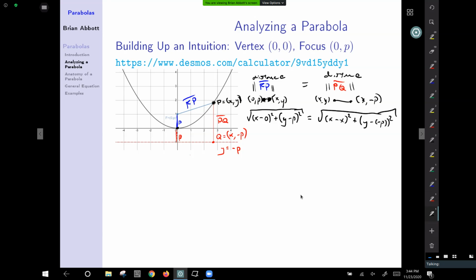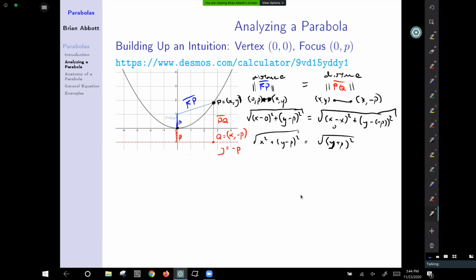So this left side becomes the square root of x squared plus quantity y minus p squared, is equal to, and on the right, x minus x is 0, so we are just left with the square root of y plus p quantity squared. Okay, so that's fairly nice.